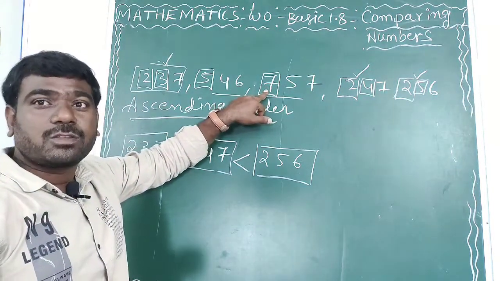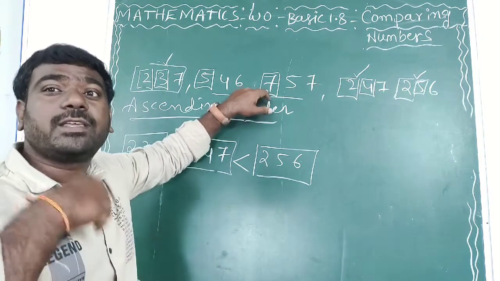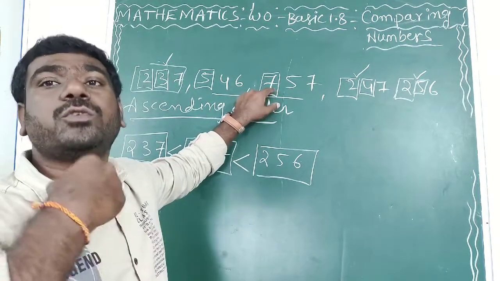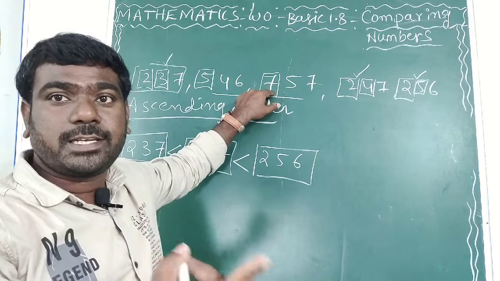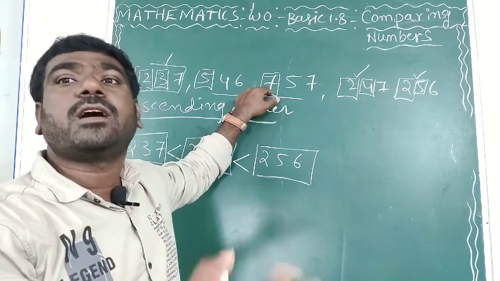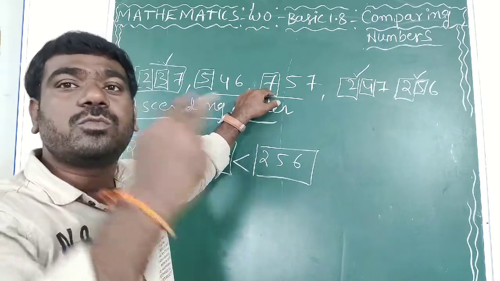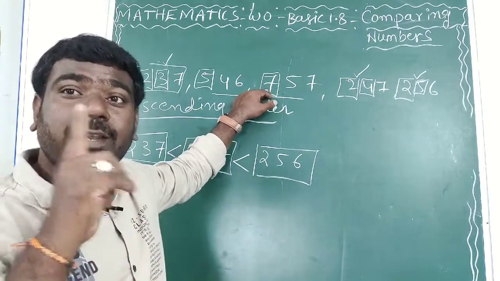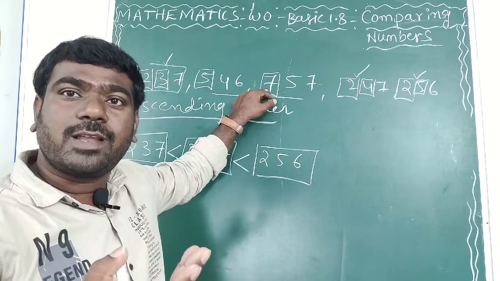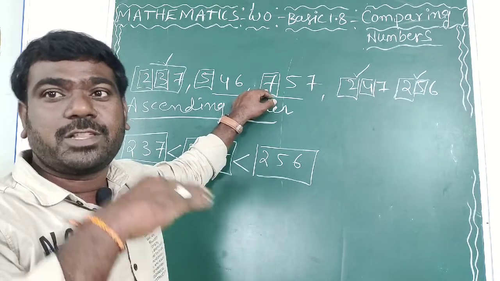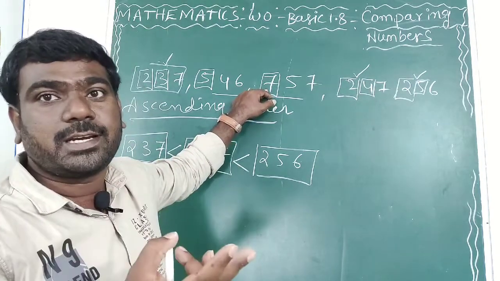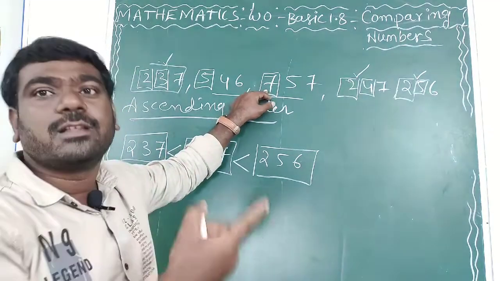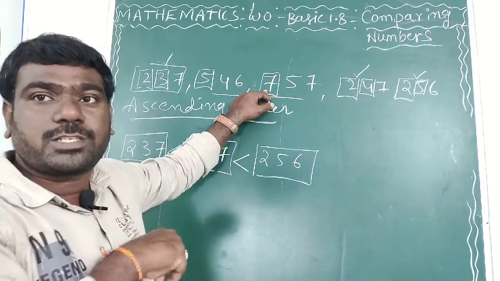Here 7. So always, if the first place digit is equal, then we have to move to the next place digit. If the next place digit is also equal, then we move to the next place digit. Like this we have to go when it is equal. If it is not equal, then directly consider which digit is greater and which is lesser. Ascending order means the smallest digit comes first.